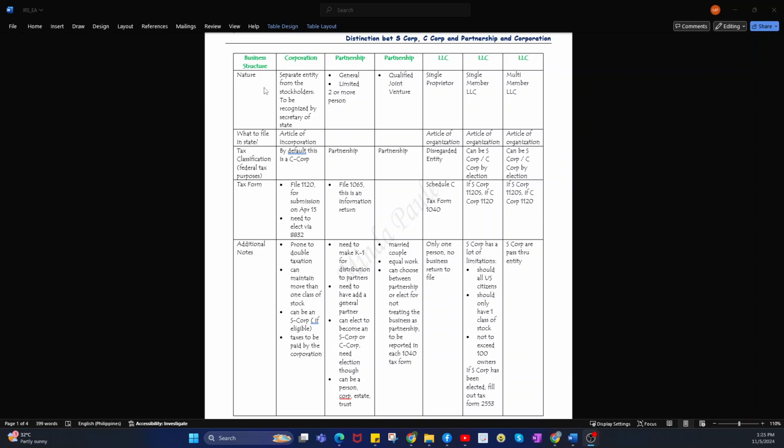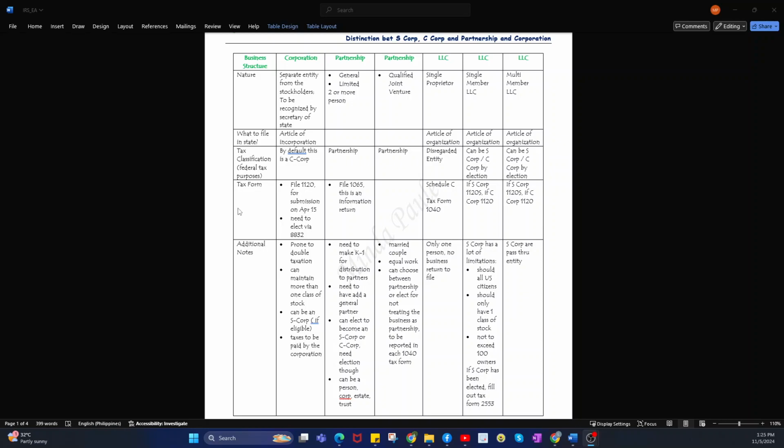The stockholders can be a person, a partner, or another company for that matter. For it to be recognized by the Secretary of State, the articles of incorporation have to be filed. In terms of classification for federal tax purposes, by default, this is a C Corp. However, there are instances that this can be an S Corp, only if it's eligible.